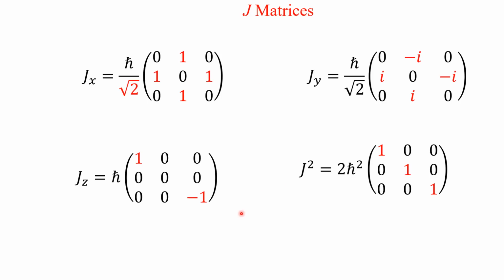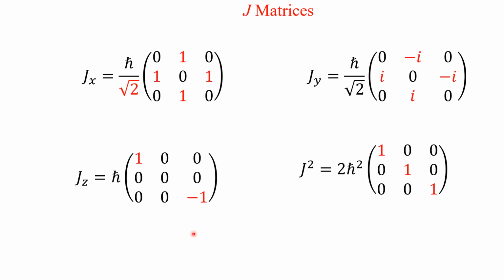We can similarly find the matrices for j is equal to 3 by 2. J equal to 3 by 2 means 2j plus 1. What will happen to 2j plus 1? You will have 2j plus 1 into 2j plus 1 matrices. Since j is equal to 3 by 2, 2 into 3 by 2 will become 3, plus 1, that is 4.